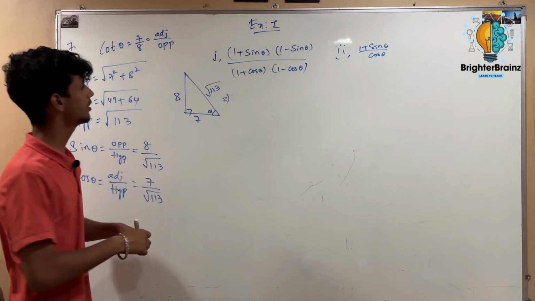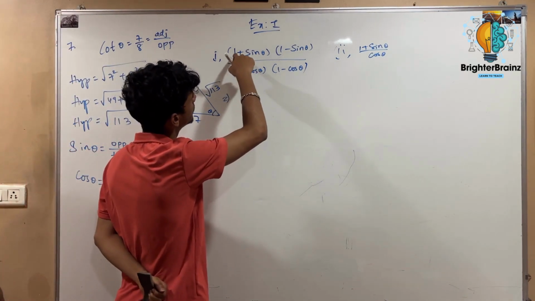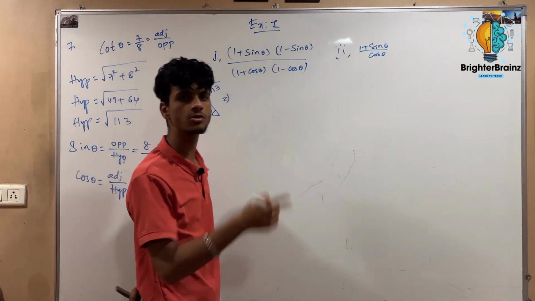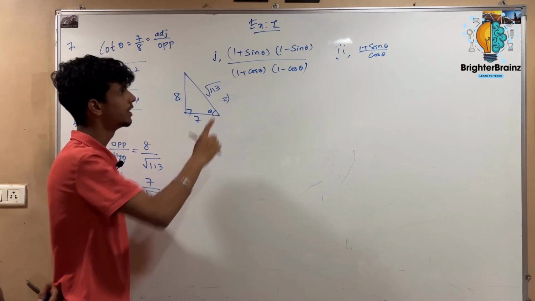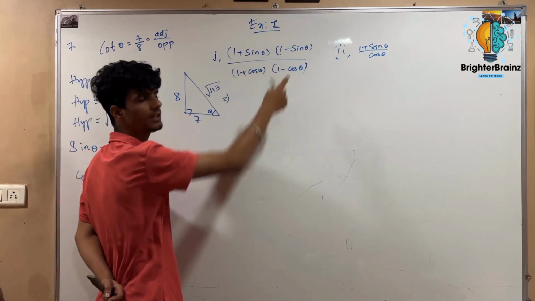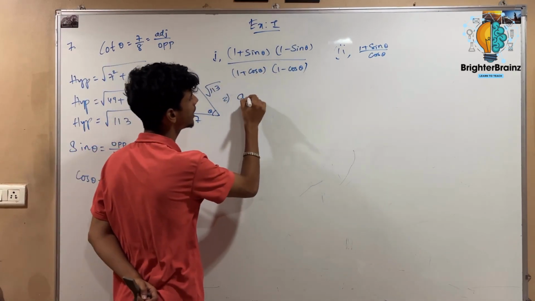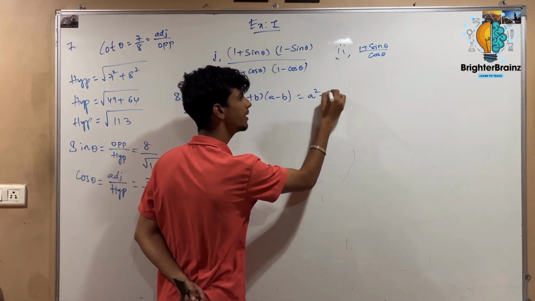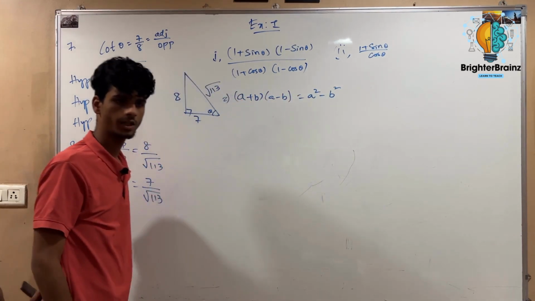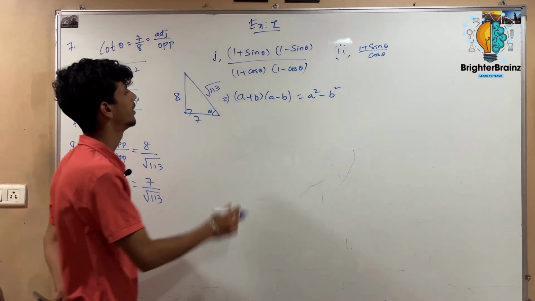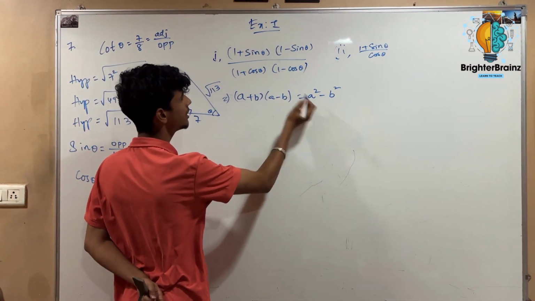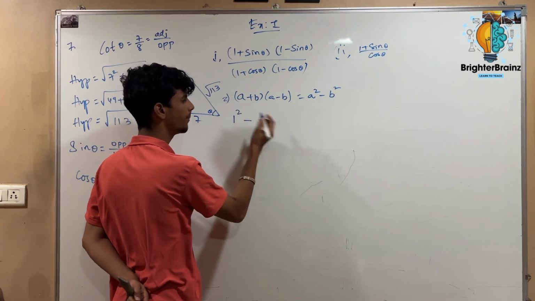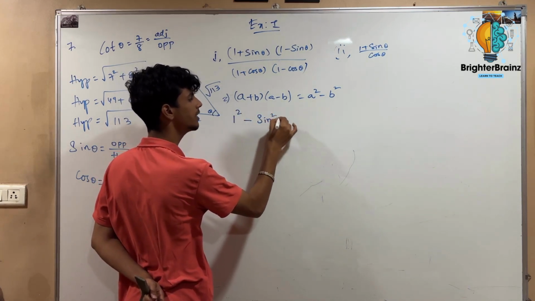Done. So here this expression is in the form of a plus b into a minus b, where a is 1 and b is sine theta. We know that a plus b into a minus b is equal to a square minus b square. So a is 1, so it is 1 square minus sine square theta.